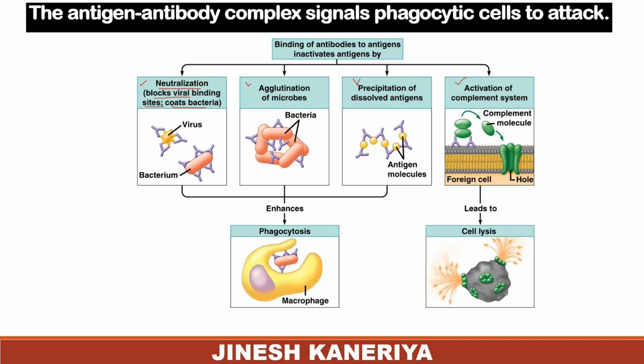So the bacteria will be coated with the antibody, or the virus will be covered with the antibody at the particular site. In agglutination, different microbes are covered with specific types of antibody and the activity of the bacteria decreases.